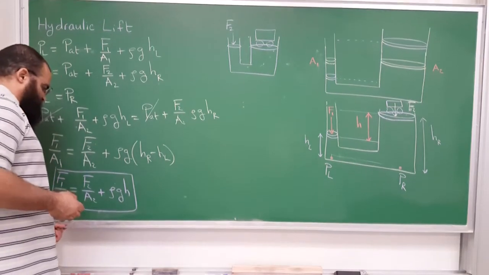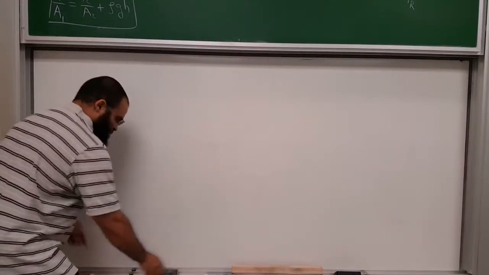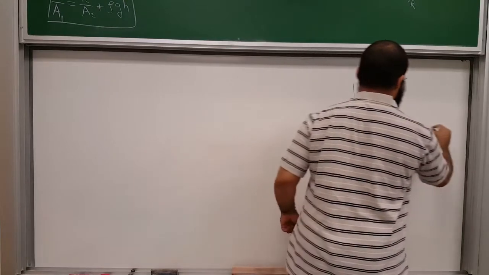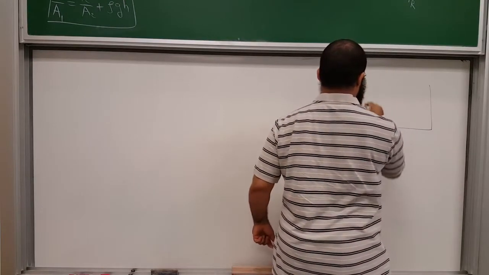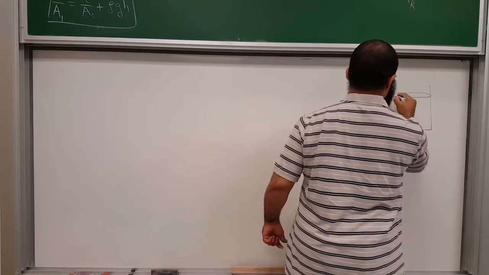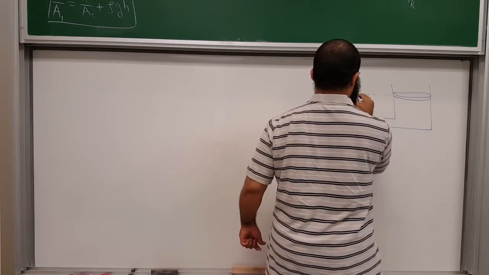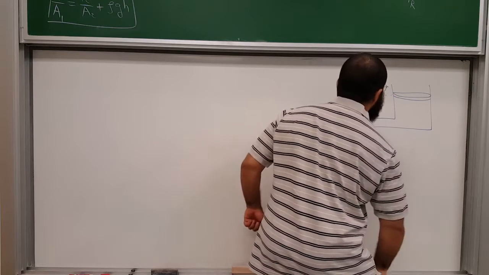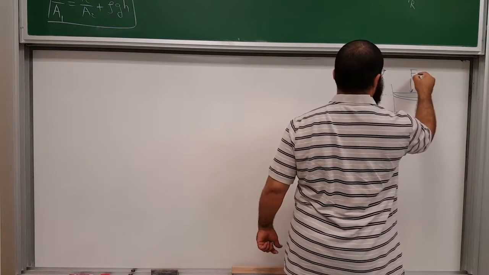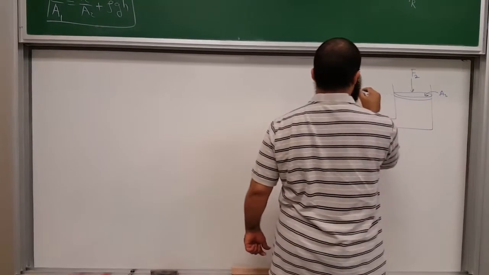Let me come to the whiteboard and draw something. If they are at the same height, just to hold it in place, how much force do I need? You have the car here. The weight of the car would be F2, and this is area 2. And this is F1.